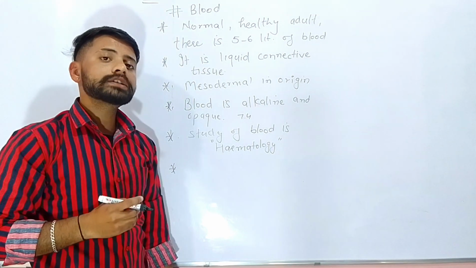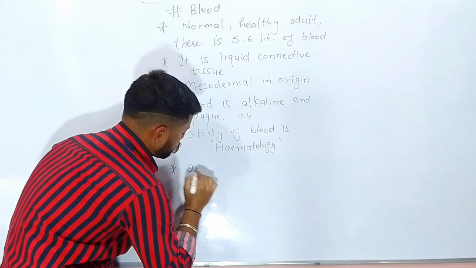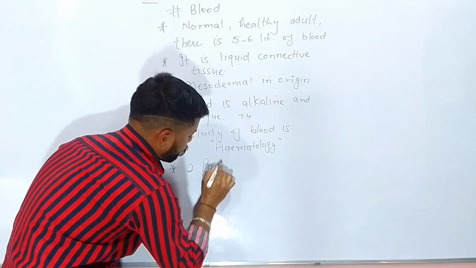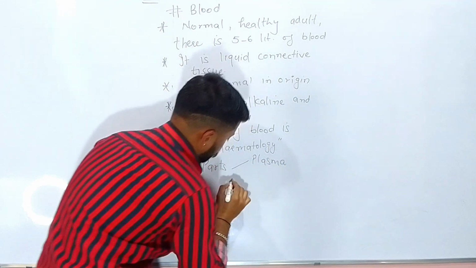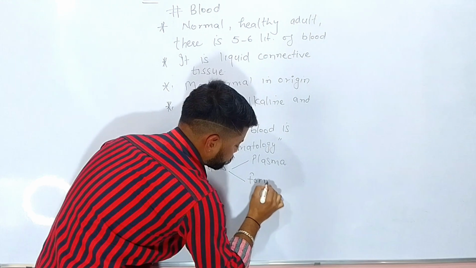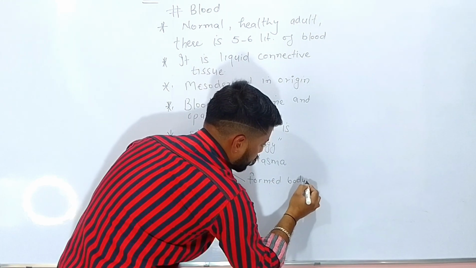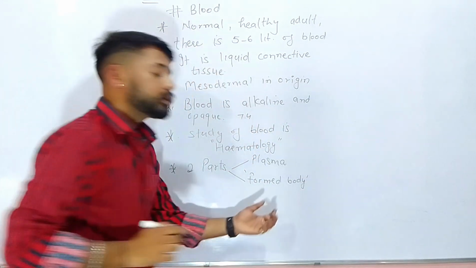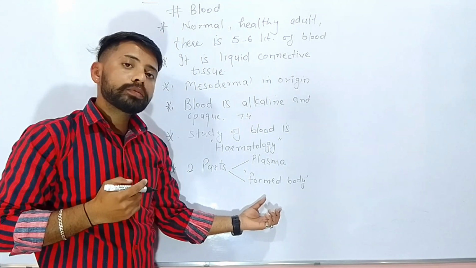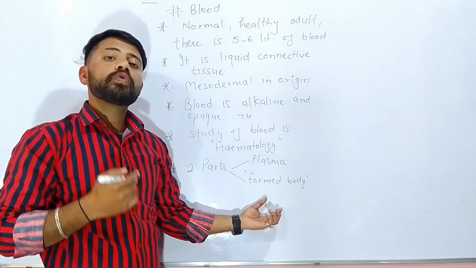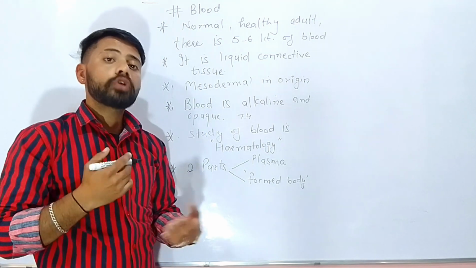Blood is made up of two parts: plasma and formed bodies. And these formed bodies are actually the blood corpuscles, that is red blood corpuscles or erythrocytes, white blood corpuscles or leukocytes, platelets or thrombocytes.